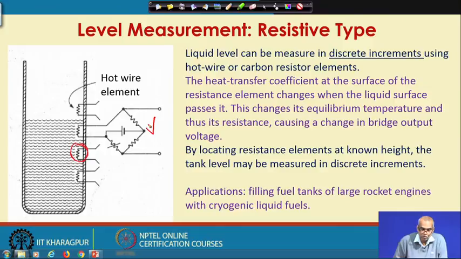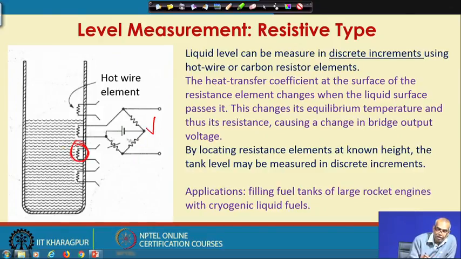So, I now know that the level of the liquid in the tank will correspond to this hot wire element.